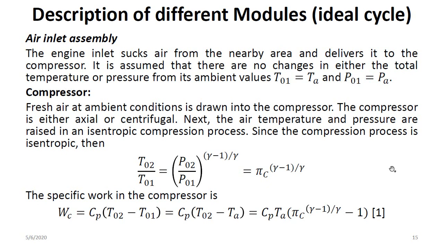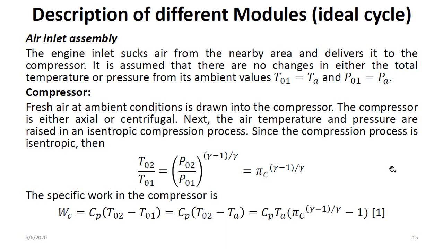That is, the total temperature at entry to the compressor is equal to the ambient temperature, and the total pressure at entry to the compressor is also atmospheric pressure. Then in the compressor, which can either be axial or centrifugal, and you will learn more about these kinds of compressors in the fifth year course.